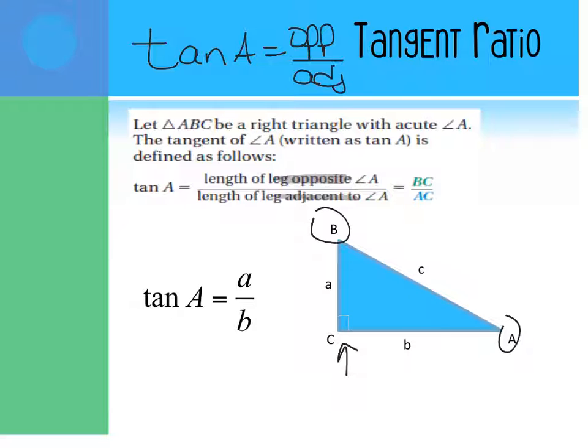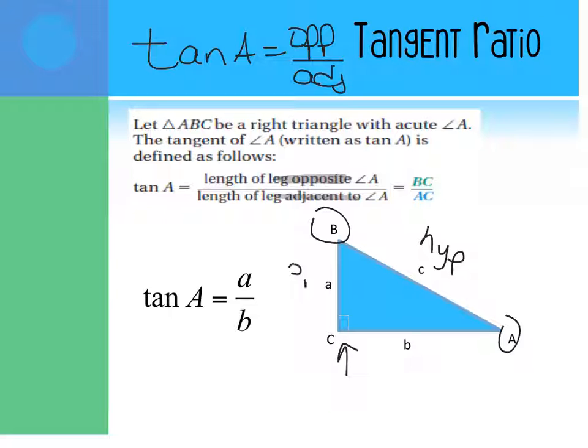Now, what I recommend you do before you even start setting up your fractions is label the sides. The first side you should always label as the hypotenuse. So I'm going to label C because it's opposite the 90. Okay? Technically, side C is adjacent to A, but because we give it the name hypotenuse first, we're not going to use it as an adjacent. So the side opposite to A is what letter?